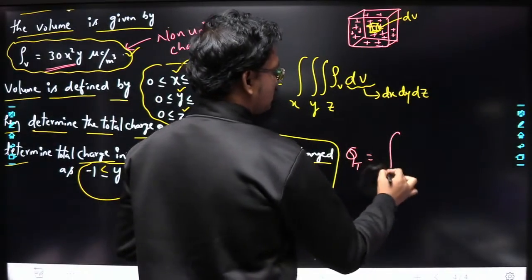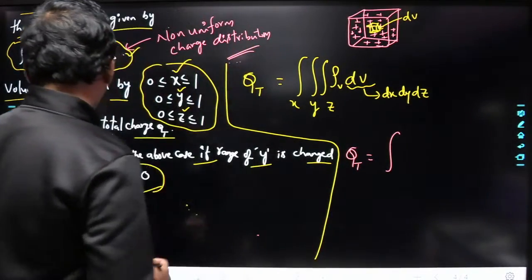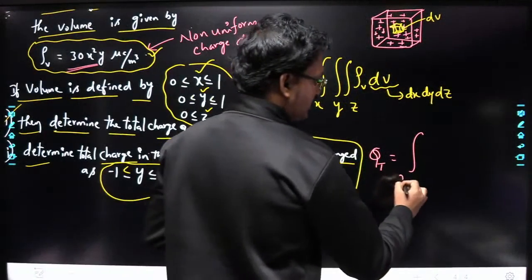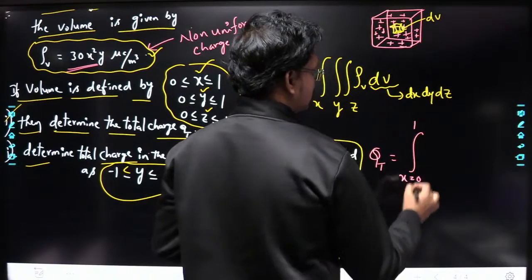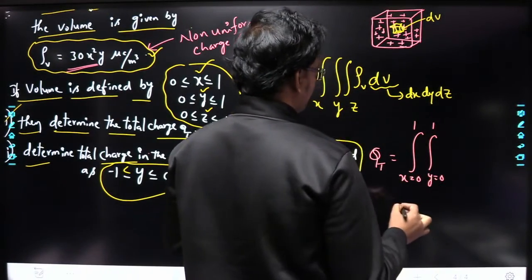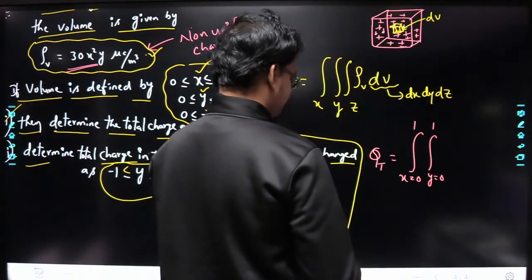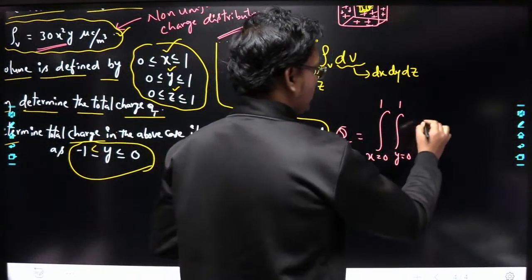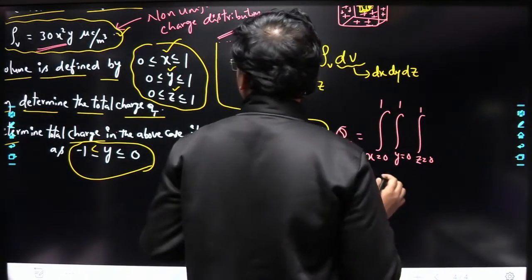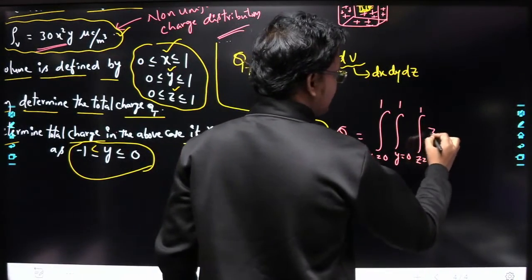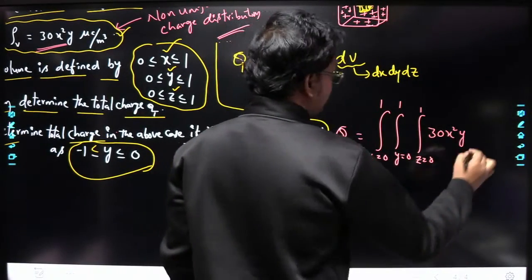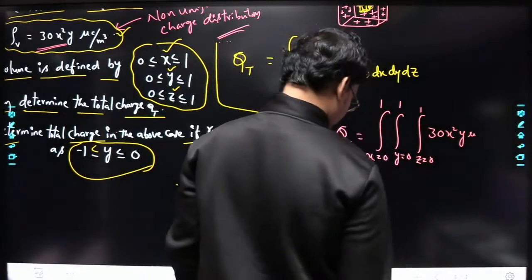Okay, so if you do this, what are you going to get? Qt is equal to, x is varying from where to where? X is varying from 0 to 1, and y is also varying from 0 to 1, and z is varying from 0 to 1, and rho v they have given as 30 x square y microcoulomb per meter cube.